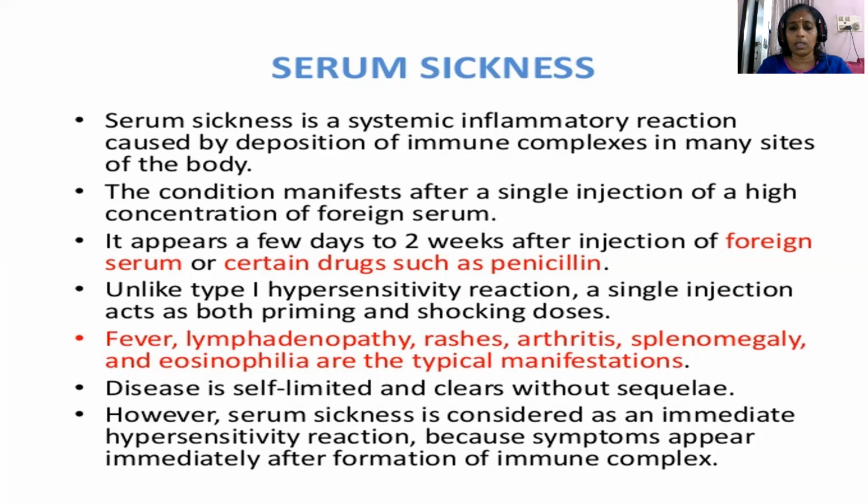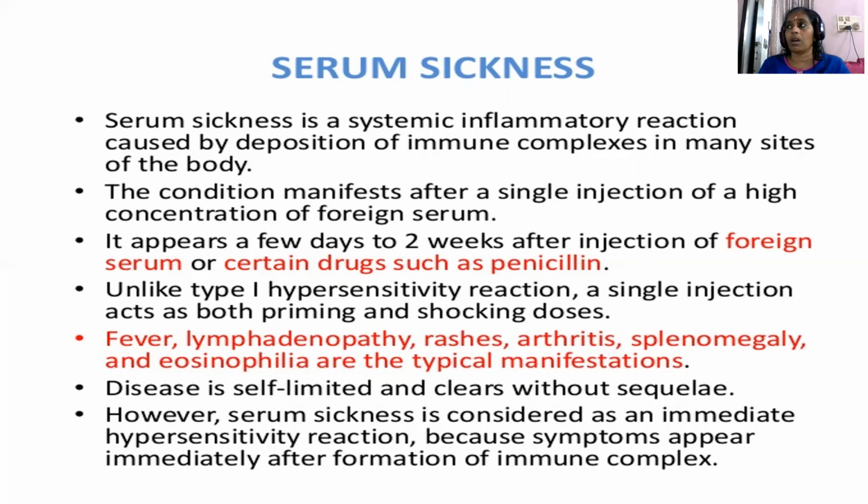Serum sickness is considered an immediate hypersensitivity reaction because the symptoms appear soon after the formation of immune complexes. It is not a typical immediate hypersensitivity reaction due to IgE antibody, but an immune complex reaction that takes place within 2 weeks.